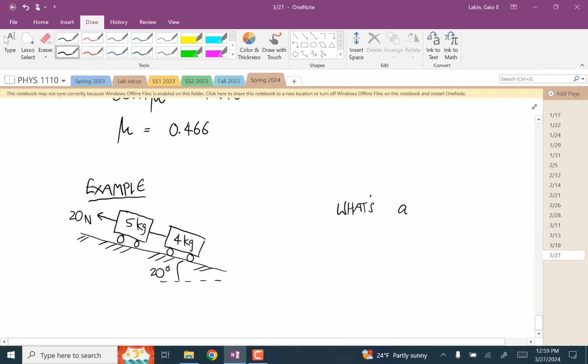And we want to know what's the acceleration vector of the carts. And then we want to calculate the tension in the cable.